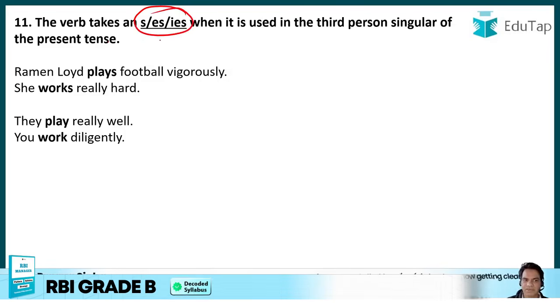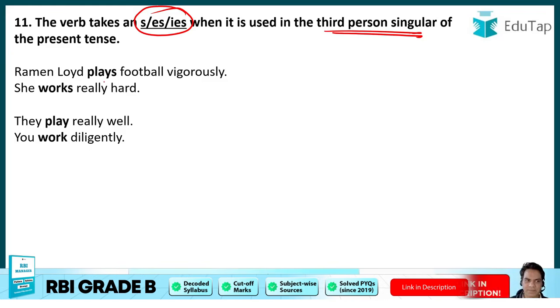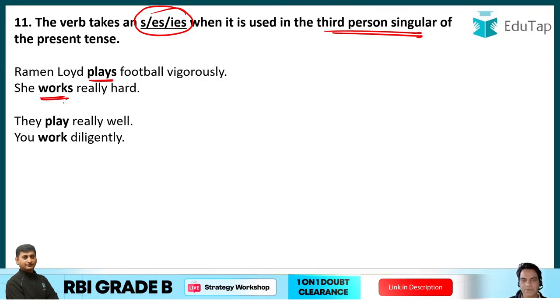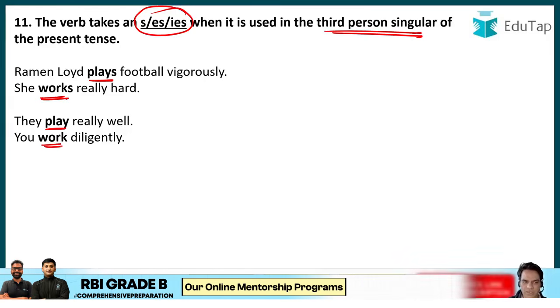Remember, the verb adds S, ES or IES when we are using it for third person singular of the present tense. For example, Raman plays football. She works really hard. Remember I told you this. First person and second person only use the first form of the verb. For example, they play cricket, you work diligently.